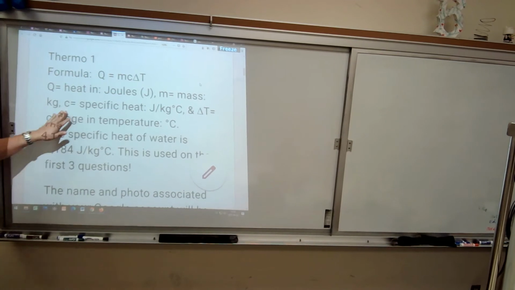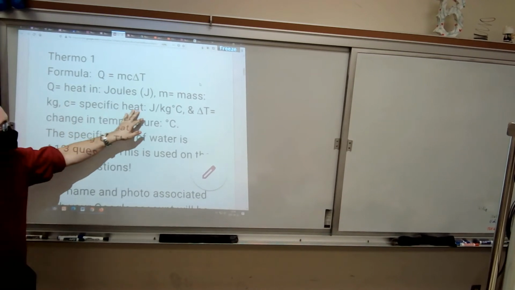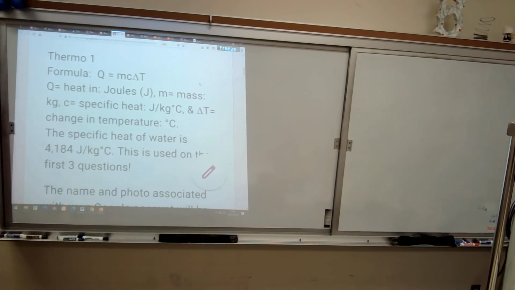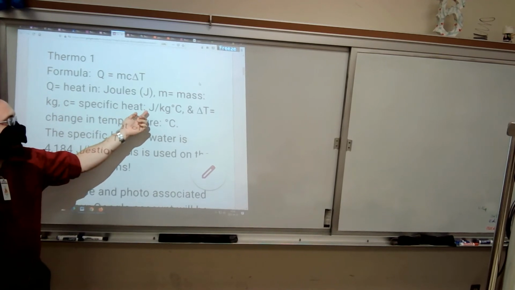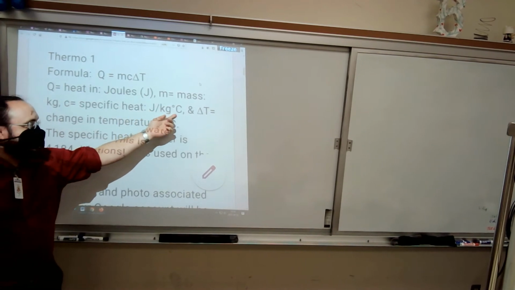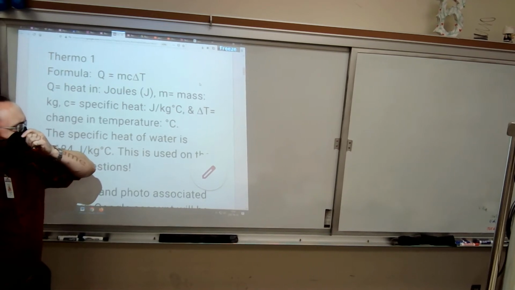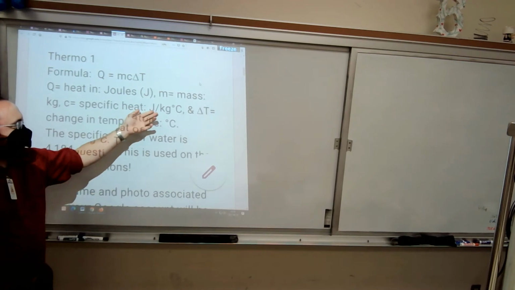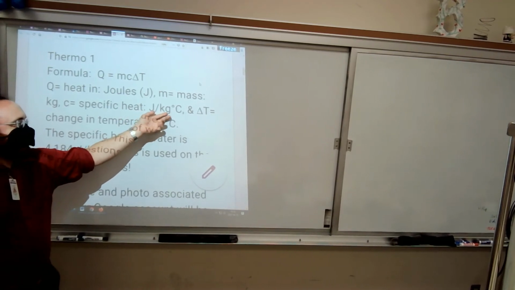So it says that C is specific heat in joules per kilogram times degree Celsius. You can also have specific heat in calories per kilogram times degree Celsius, or calories per gram times degree Celsius, or joules per gram times degree Celsius.